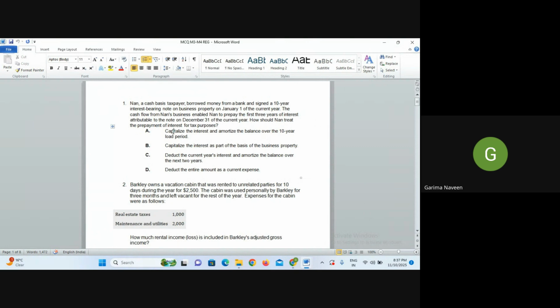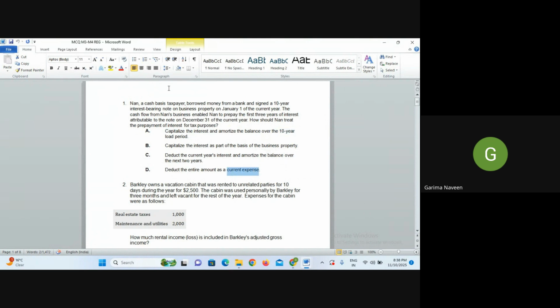Will you capitalize this interest and amortize it for 10 years? Or will you capitalize this interest as part of the basis of the business property? Or will you deduct the current year interest and amortize the balance over the next 2 years? Or deduct the entire amount as a current expense?